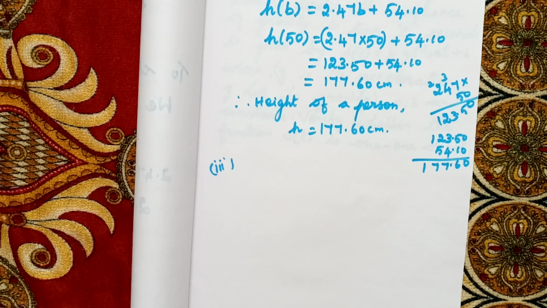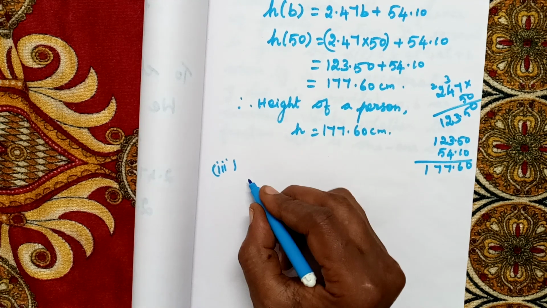Then the third question is, find the length of the thigh bone if the height of a person is 147.96 centimeter.